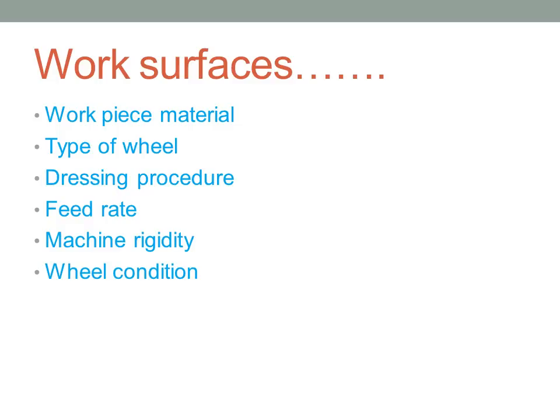Wheel condition. Clogged wheels cannot produce a good finish. And lubricant cleanliness. Coolant filtration removes waste that could damage workpiece surfaces. I hope these workpiece surface tips can help you have a good quality of grinding piece.